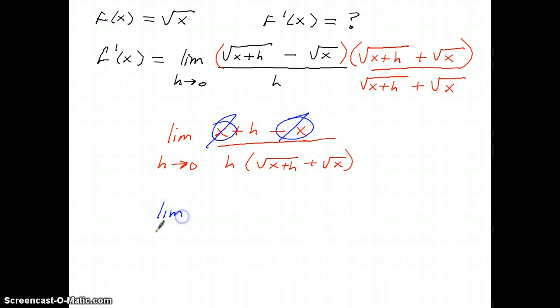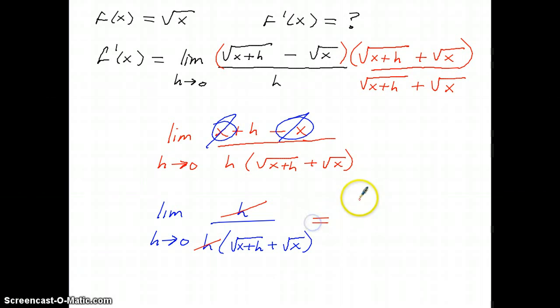And lo and behold, by rationalizing the numerator, we end up being able to cross off some h's, which gets rid of our division by 0 problem. All right? So we have the limit as h goes to 0 of 1 over the square root of x plus h plus the square root of x, and there's nothing else we can do here except to just plug in h equals 0.